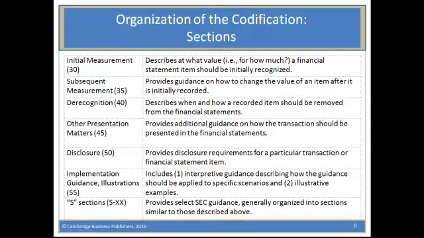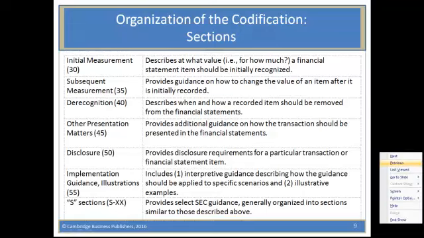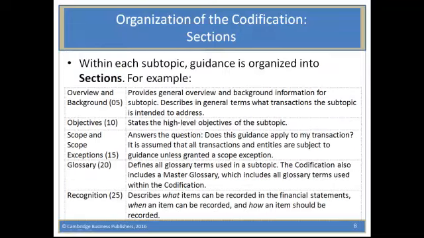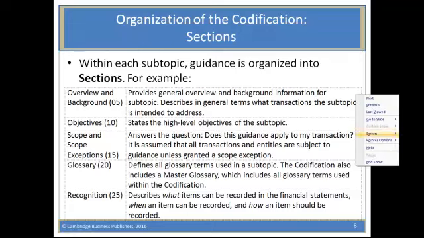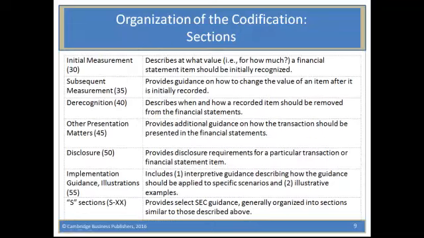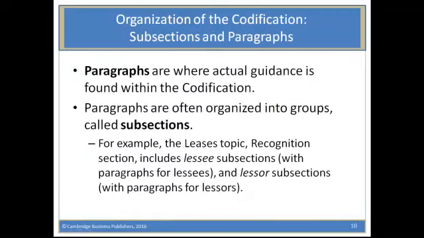Go up to 25, 30, 35, or 40. You want to, again, look for the specific section that supports your conclusion. And we've talked about the SEC guidance, and that is designated with the S.